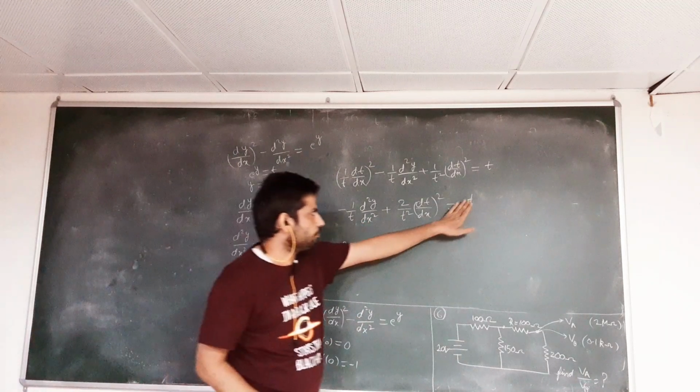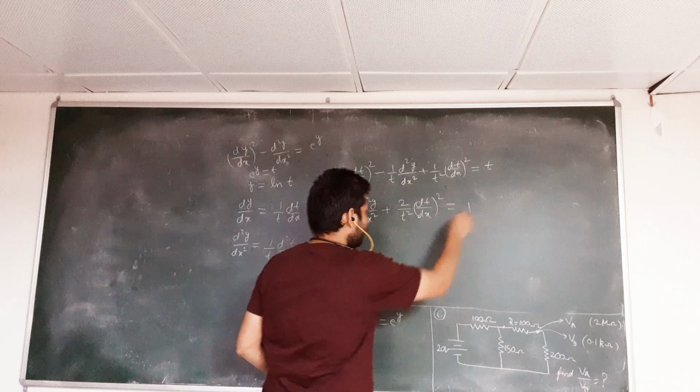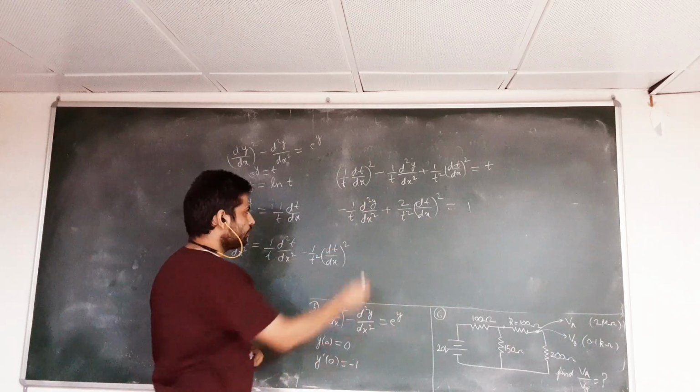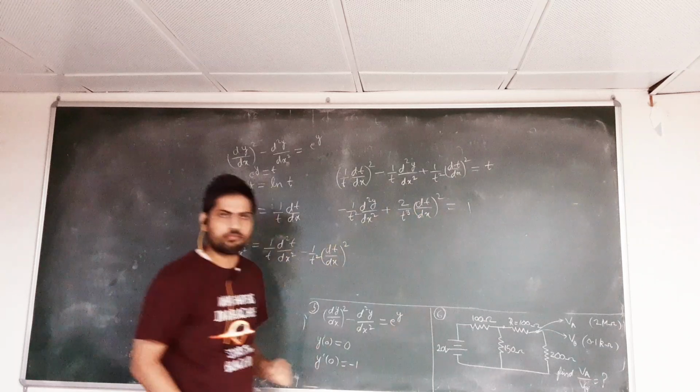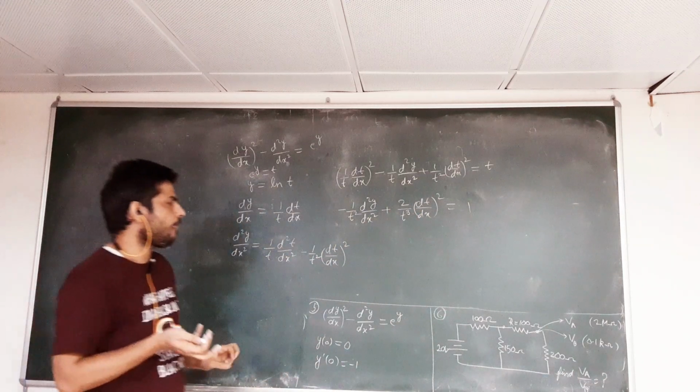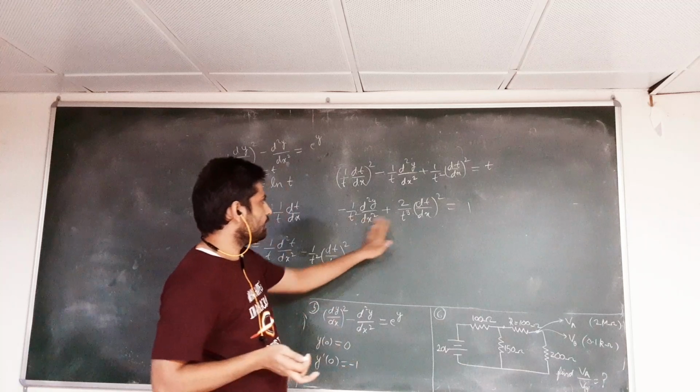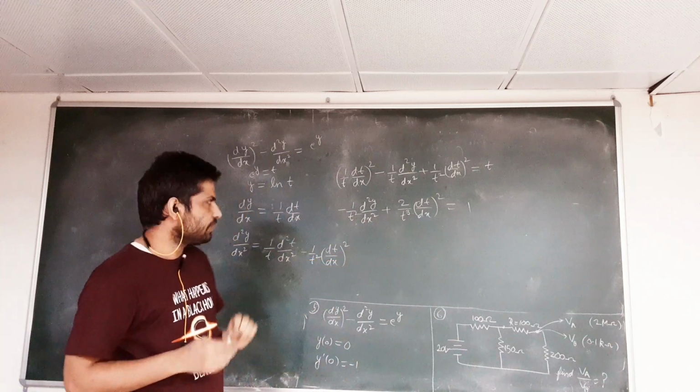Now again we can remove this t from here and divide the whole expression by t, so it will be t square here, this will be t cube here. So this is an equation that we can solve easily.